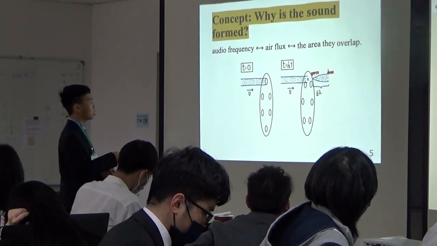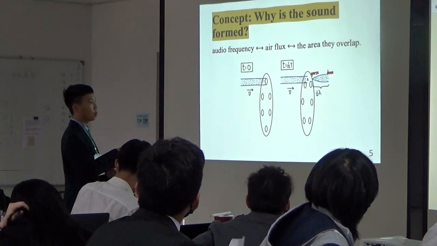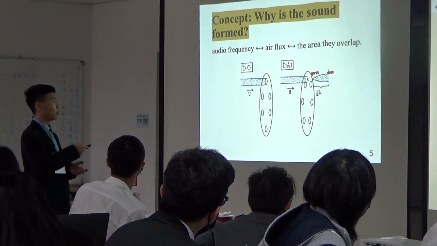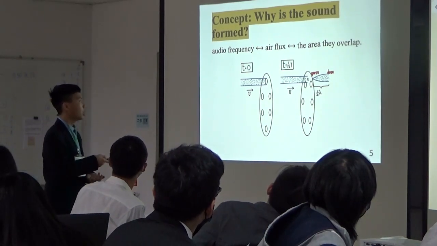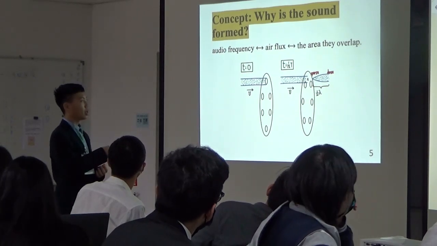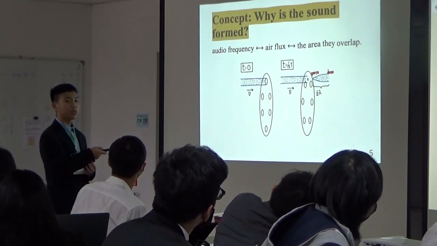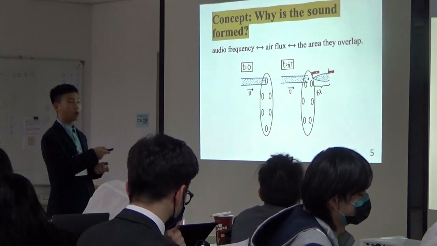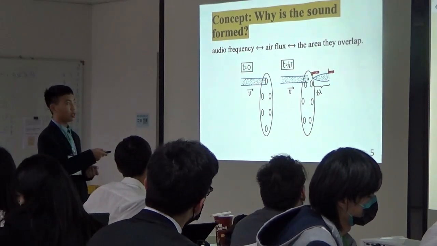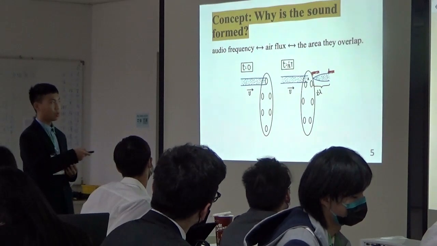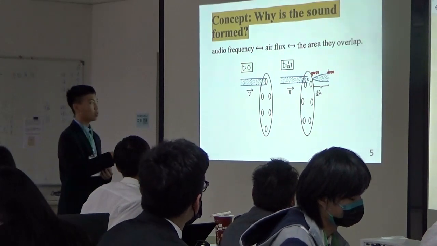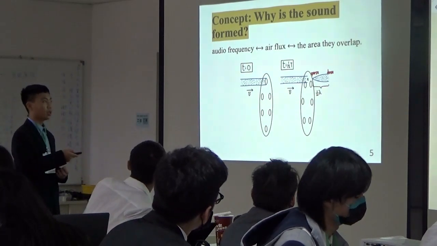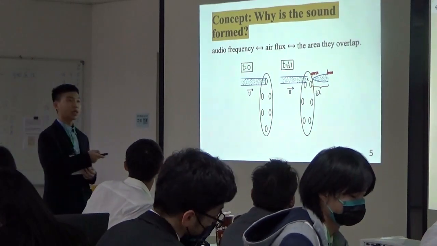So in this part, you can see that when an air flux is penetrating the holes on the disc with a velocity v, at t equals 0, and when it comes to t over 12, the air flux now will give no holes and no air is penetrating into the holes. So it will be the sparse area of the air particles, and the other will be the dense area of air particles. And since there are dense and sparse areas, a sound may be heard.